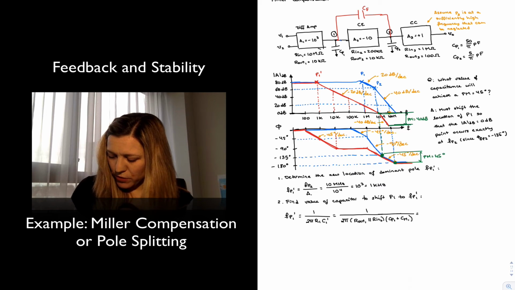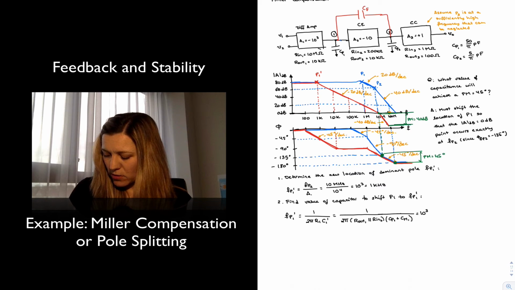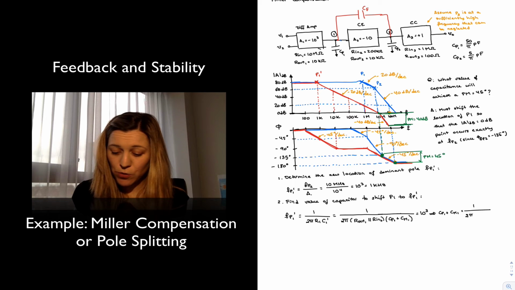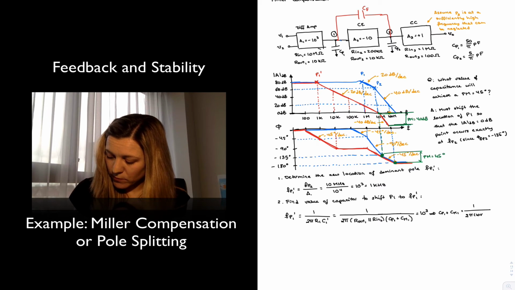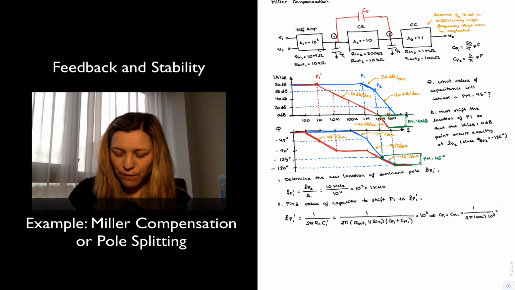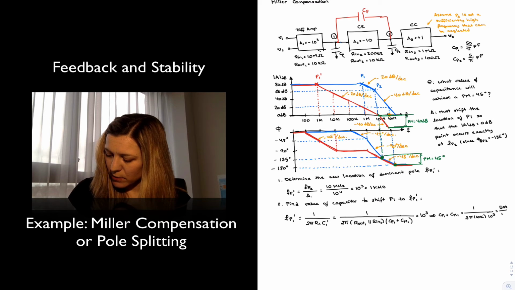And so I want this frequency to sit at 1 kilohertz, or 10 to the 3. And therefore I can solve for CP1 plus CM1, being equal to 1 over 2 pi. My R out 1 in parallel with R in 2, I'm going to approximate as 10K. And this will be 10 to the 3, or 1K. And so I get 50K divided by pi picofarads.